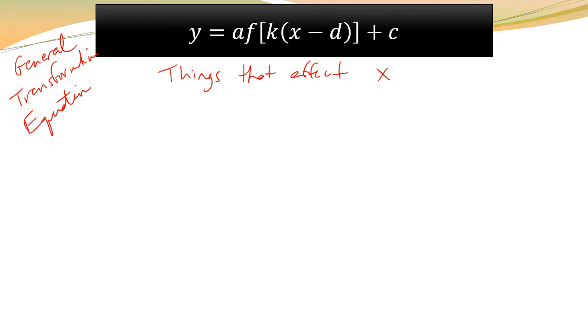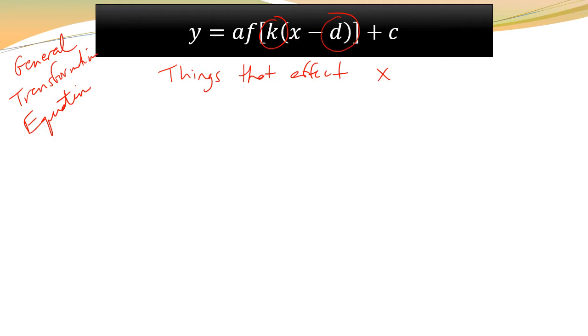So if you have a highlighter, you might want to take out a different color. Things that affect x are always what's inside the brackets. So k and d.